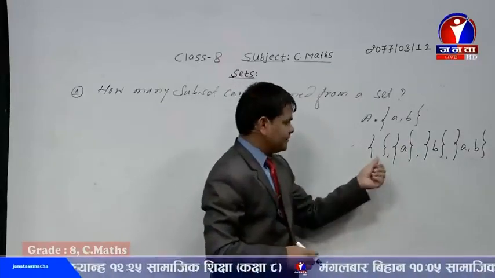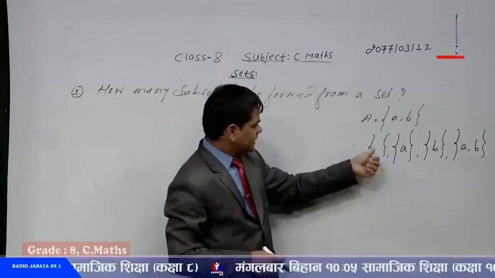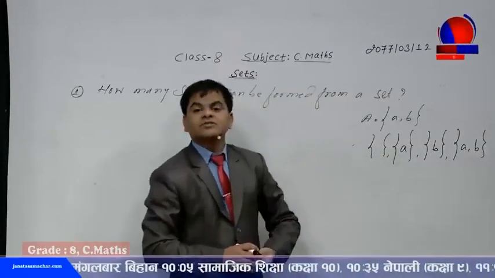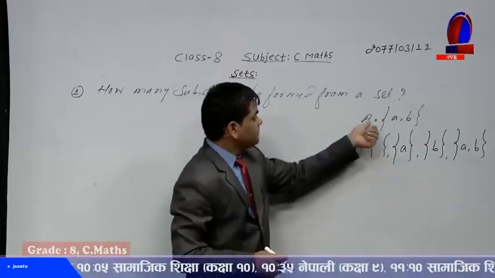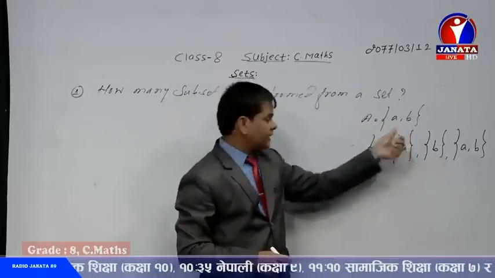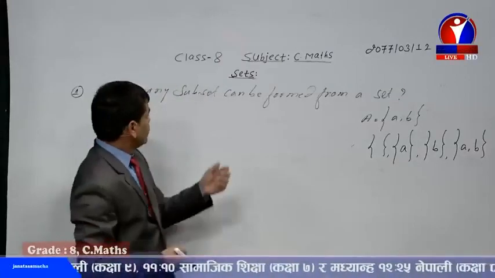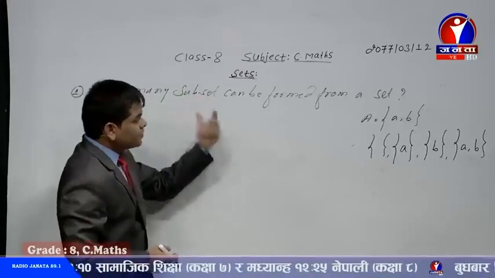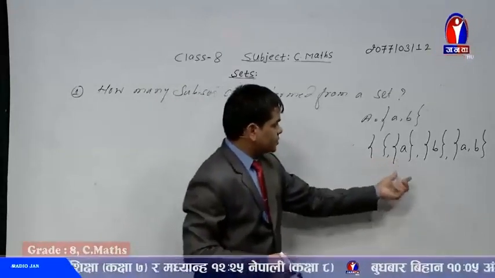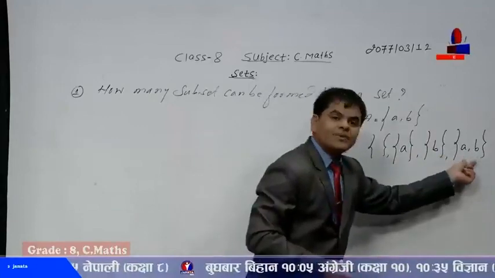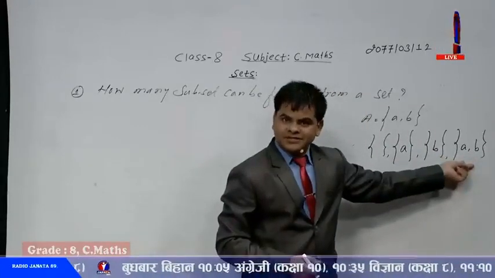If we count these, dear students, then 1, 2, 3, 4. There are 4 subsets that can be prepared from a set. Among these subsets, if we want to categorize, then this one is the improper subset, dear students.